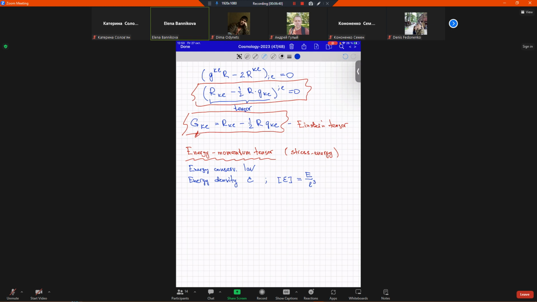Also, we need to clarify another value, and this one is a scalar, as we understand. We also need to include the vector of energy flow, the energy flux.